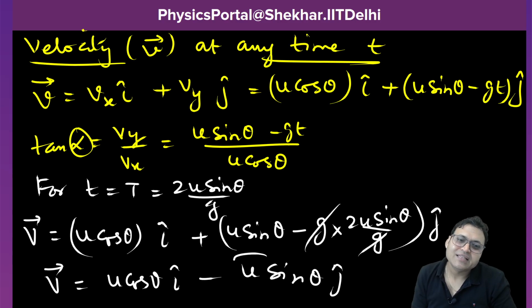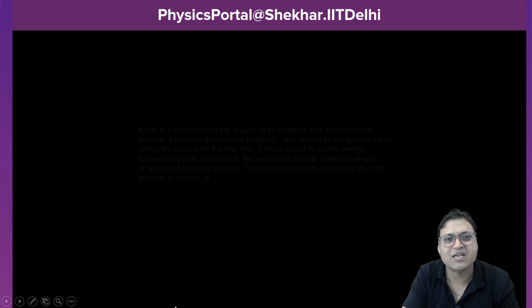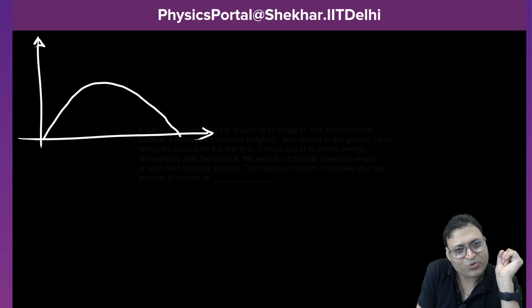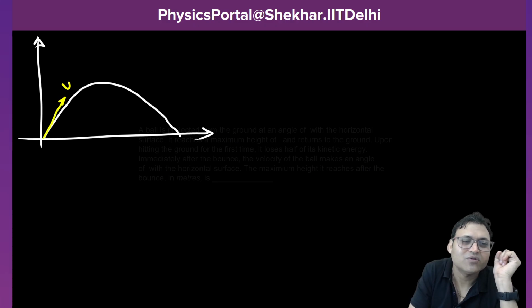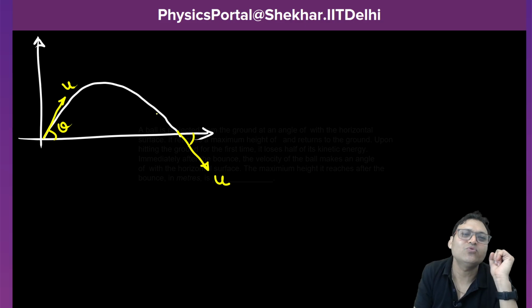What does that mean? The y component of velocity becomes the negative of the y component of initial velocity. It means when the particle is projected with initial velocity u at some angle theta, the final velocity v is also u but in the opposite direction. This will also be theta.